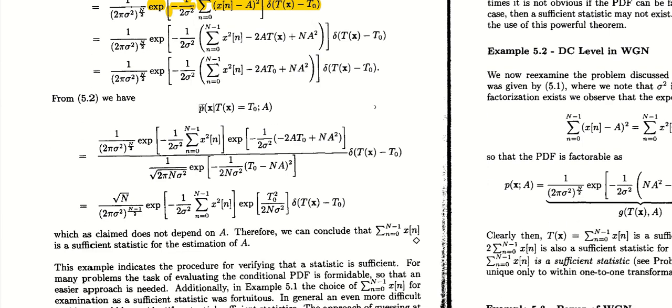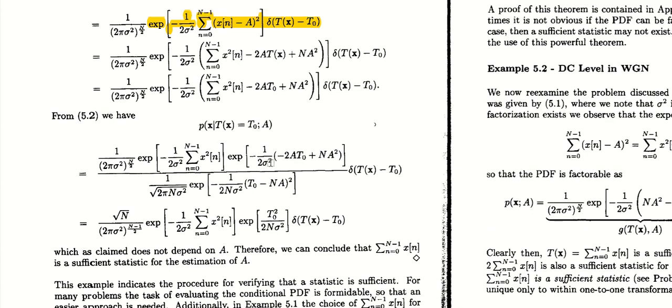And then this term will become this, because if you write this term out of the exponent into this term, the remaining terms go here. So you get the numerator term, and the denominator term is like this.